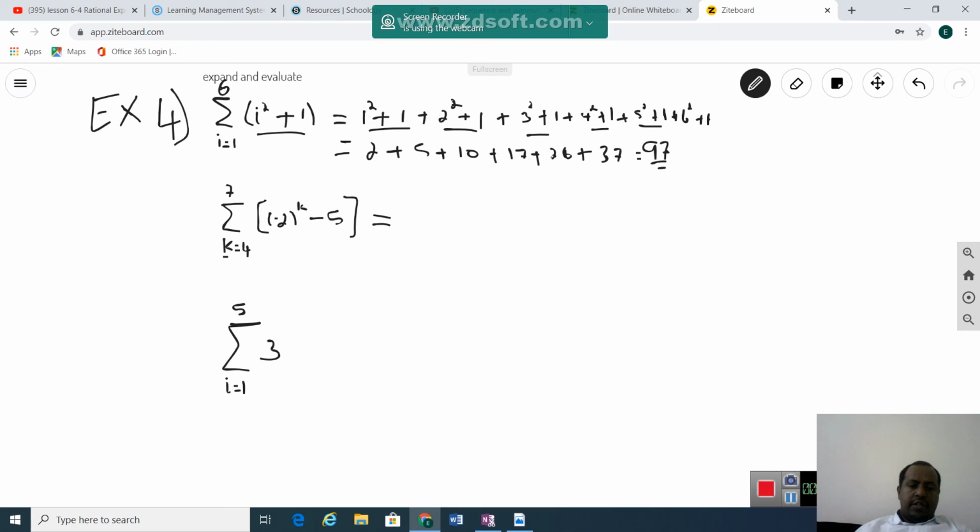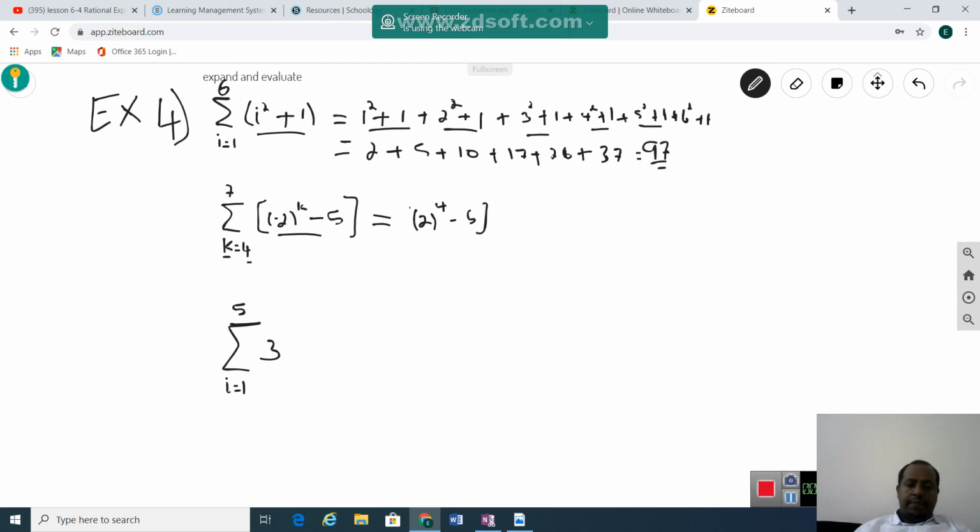Here the index is k, the lower limit is 4 and the upper limit is 7. So we need to plug the values of k from 4 to 7 into the expression negative 2 to the power of k minus 5. Let's begin with negative 2 to the power of 4 minus 5.